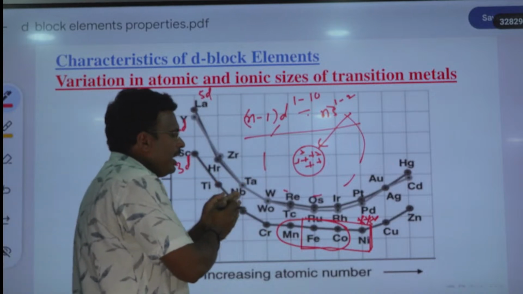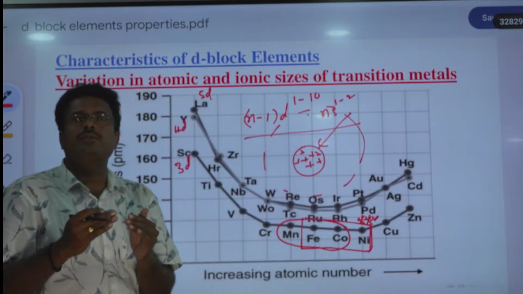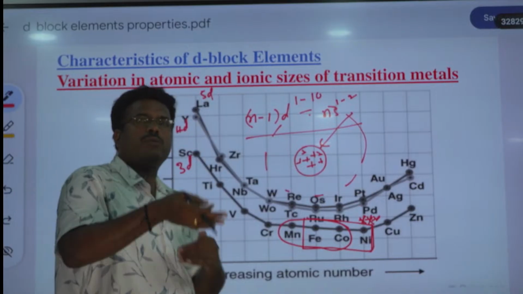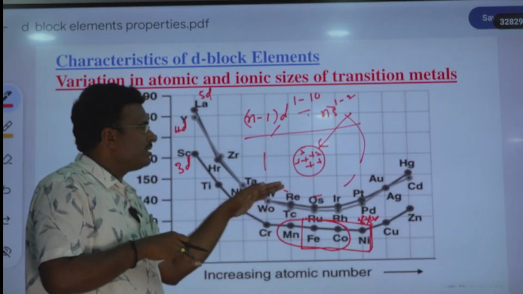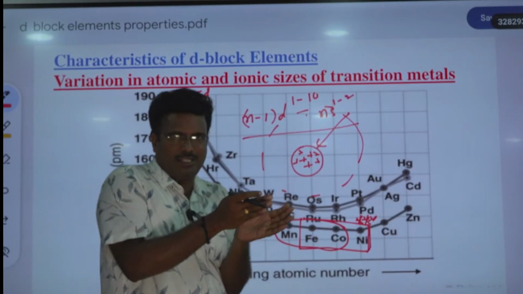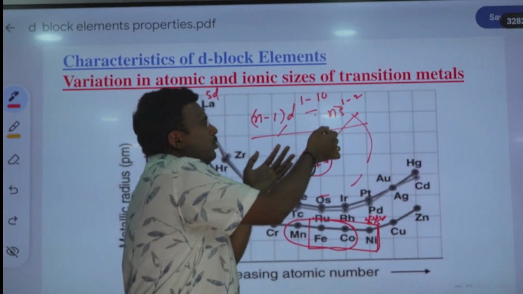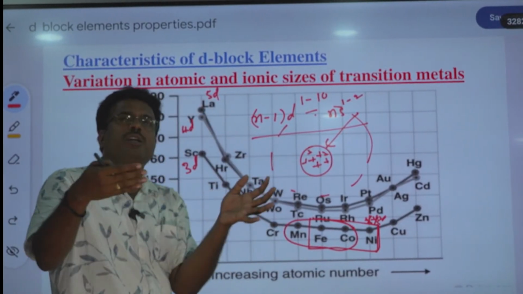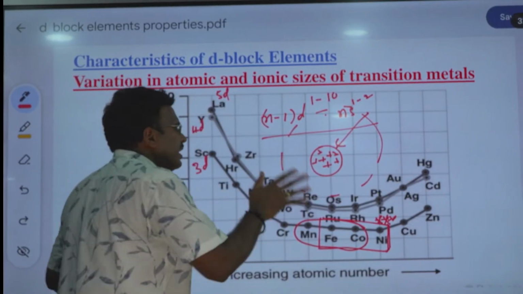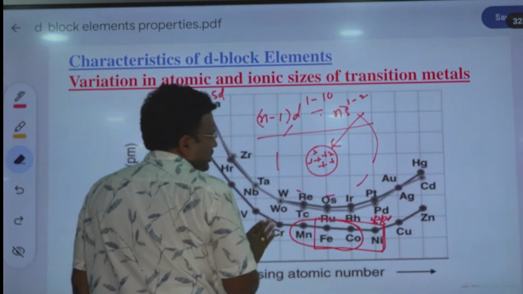So in a period, left to right, atomic size or ionic radius decreases because electrons enter the same, unfilled d orbitals. That's why the nuclear charge increases, and the outermost electrons are attracted toward the nucleus. That's why the size of the atom is affected. So in general, very, very important, the special character is there in the transition elements.